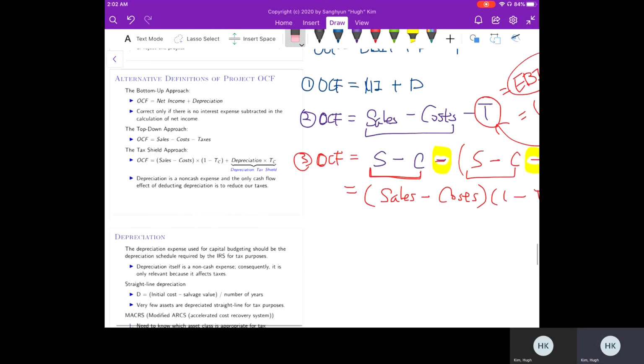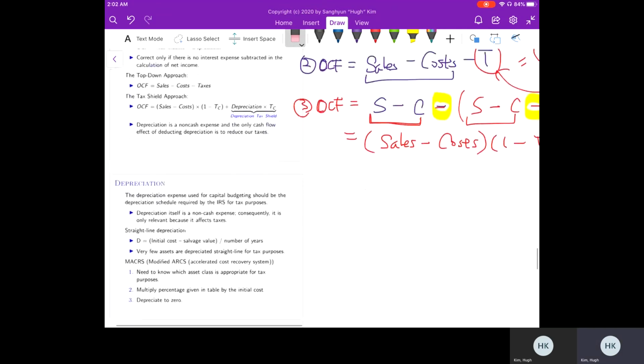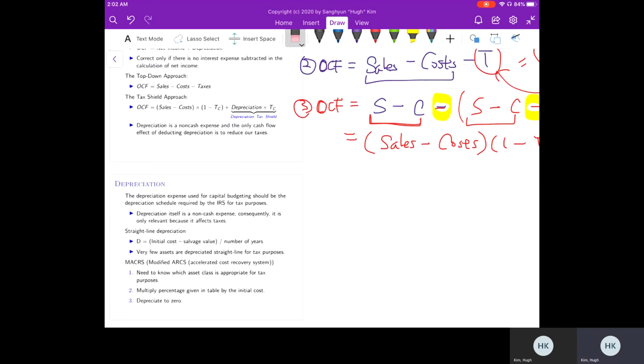So let's talk about depreciation a little bit more in detail. Depreciation itself is a non-cash expense, so it is only relevant because it affects taxes. But taxes tend to make things more complicated.